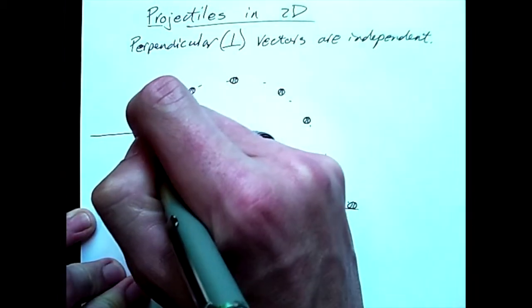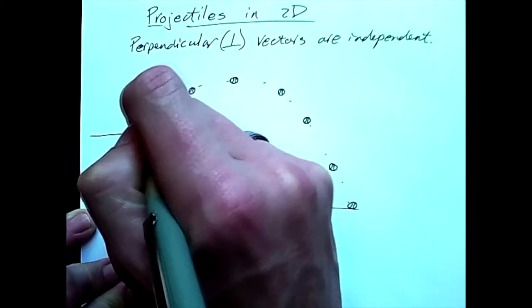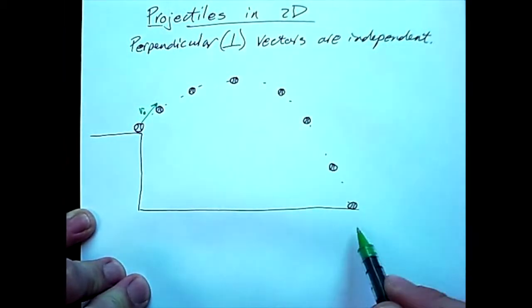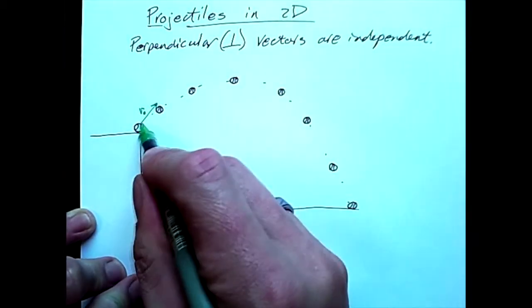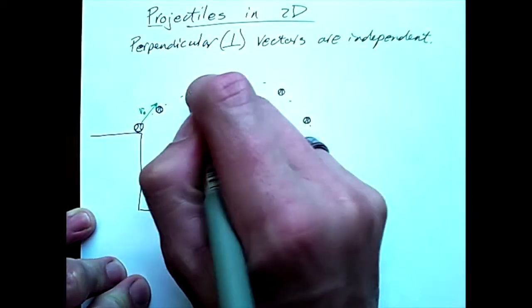But if we think about it in terms of velocity, the initial velocity, v naught, would look something like that, going up and to the right. But as the ball moves through space, we actually see this vector change from v naught to various other component values.